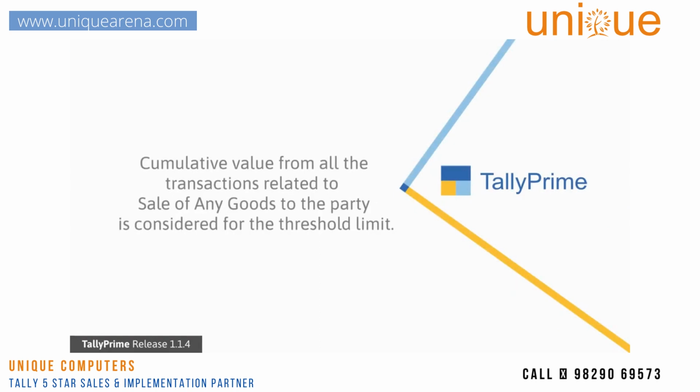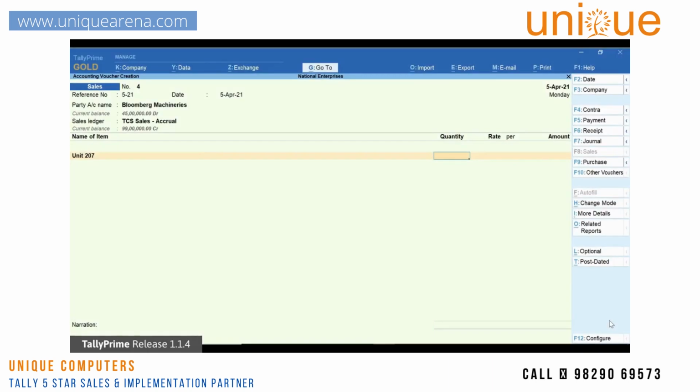TallyPrime will keep track of the transaction value related to the party for sale of any goods. If the threshold limit is exceeded, then in the next sales transaction for the same TCS party, tax will be applied on the amount above the limit. As you can see, the 10 lakhs in this transaction is added to the 45 lakhs in the previous transaction for the party.